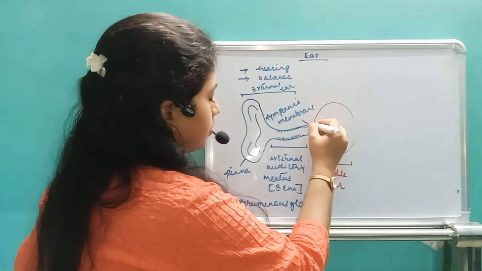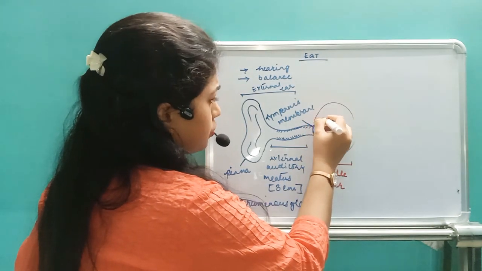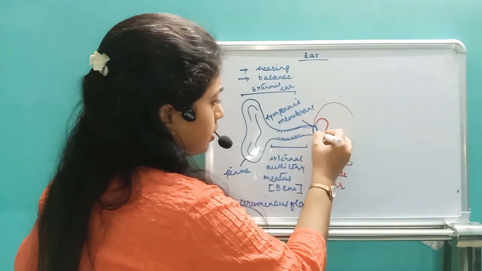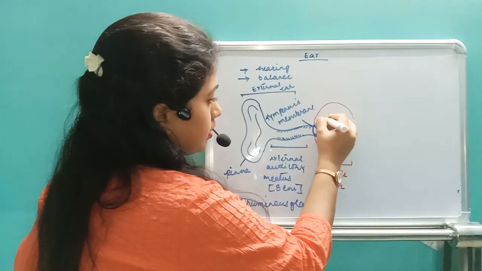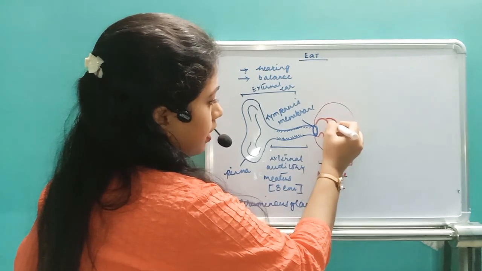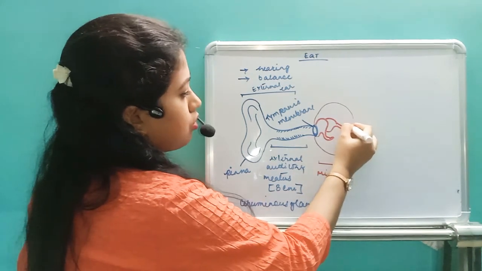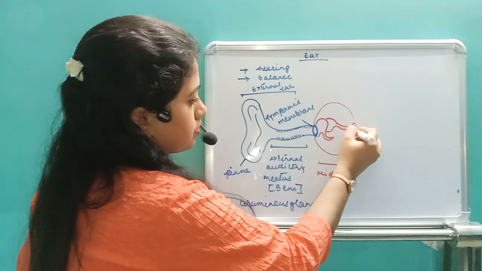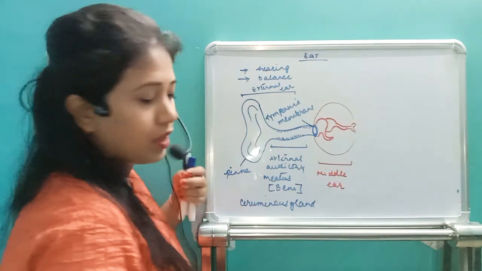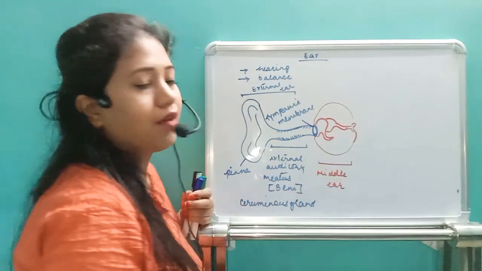The first bone is the malleus, then the second bone is the incus, and the third bone is the stapes. How many bones do we have? Three bones.